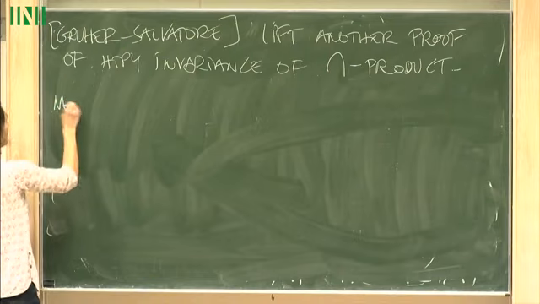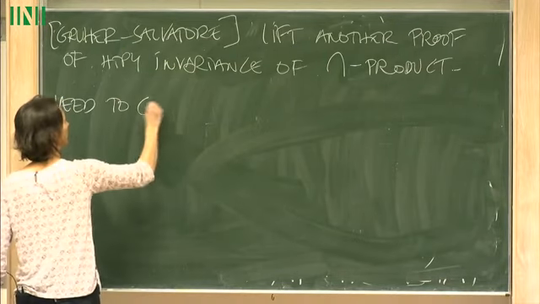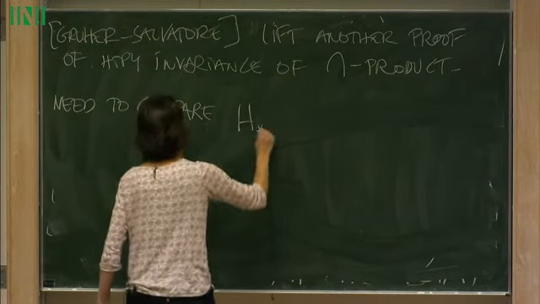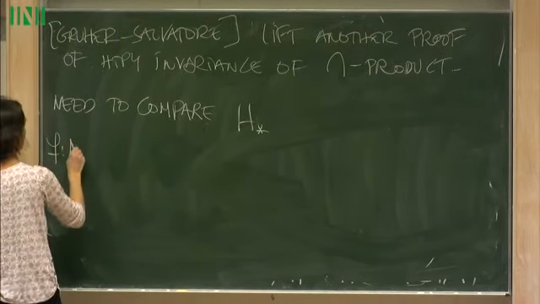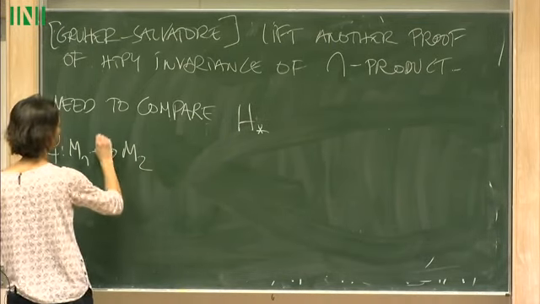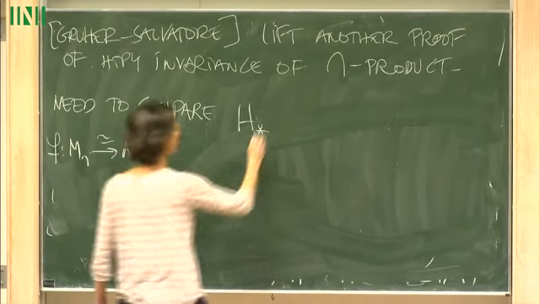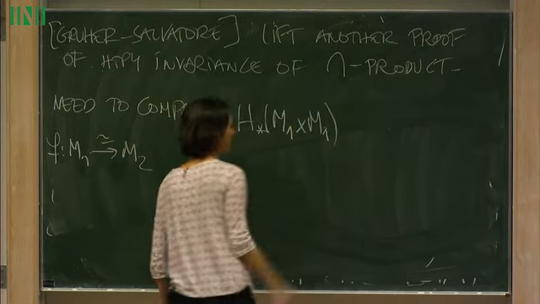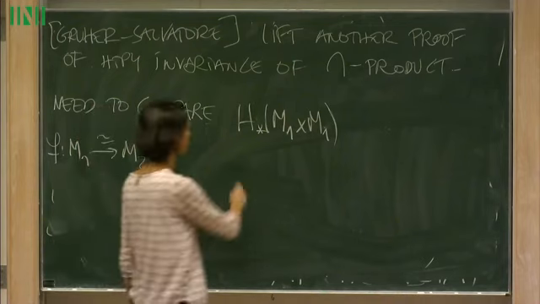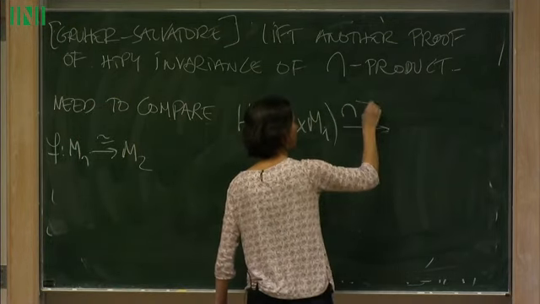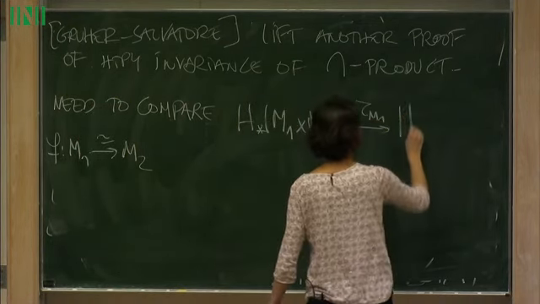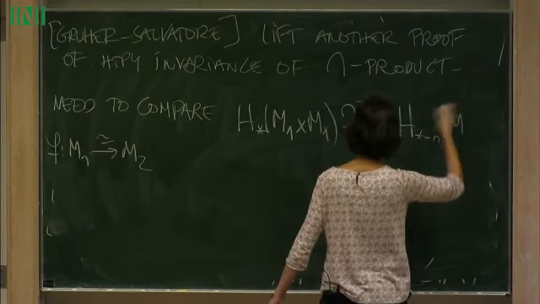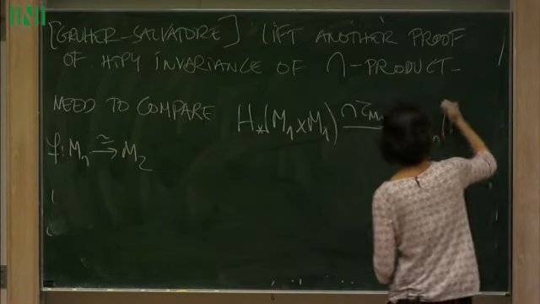The main thing we need to do is compare, if we have our map F from M1 to M2, which is our homotopy equivalence, the main thing in the capping definition of the intersection product, which is capping with this Thom class, which lands in, let me shorten it, U epsilon.